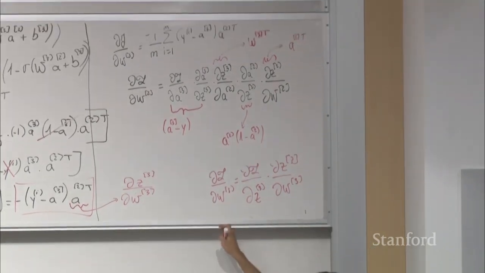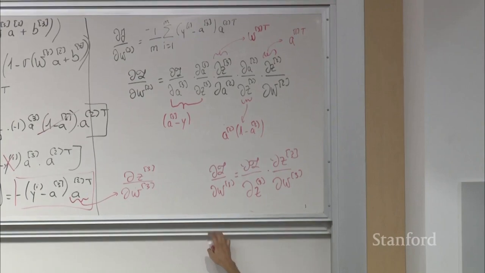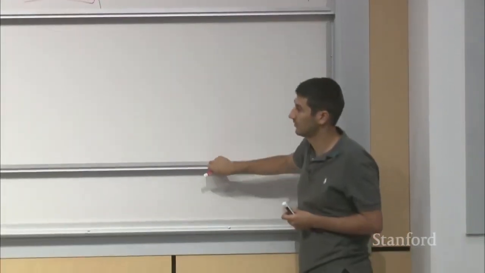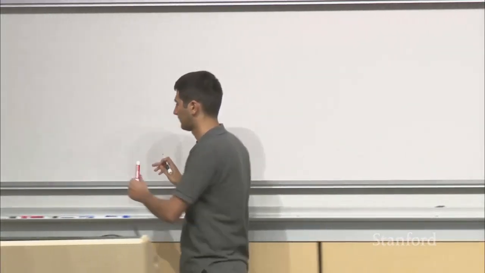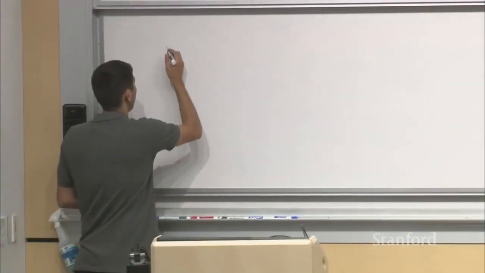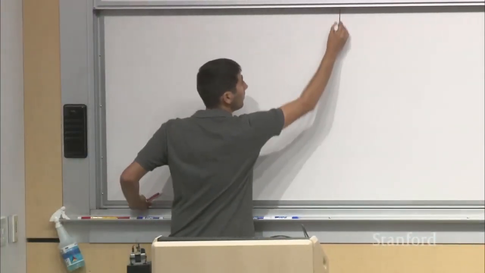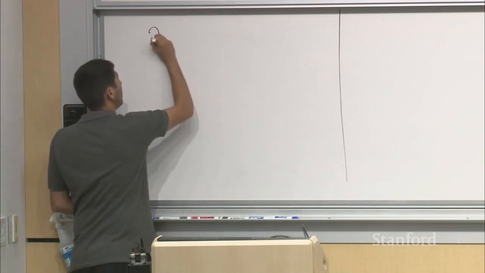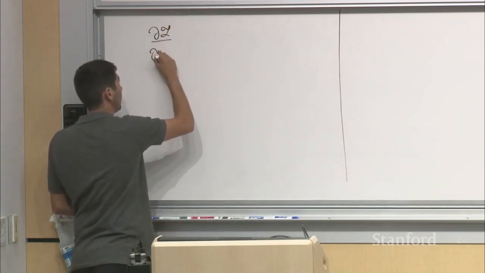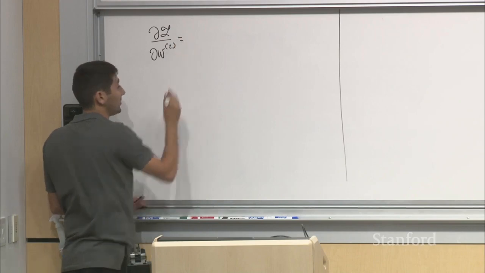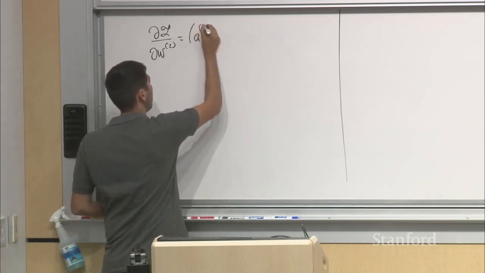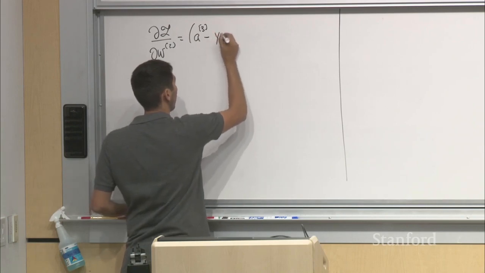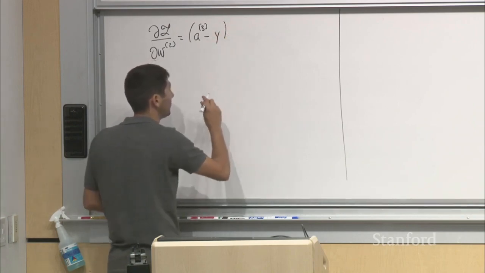So that's cool. Let's write down our derivative cleanly on the board. So we have the derivative of our loss function with respect to W2, which seems to be equal to A3 minus Y from the first term.